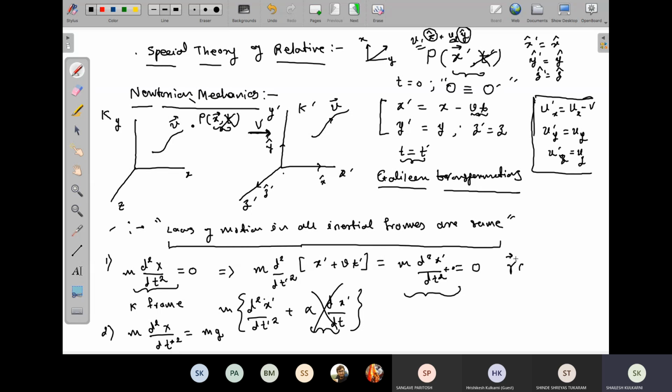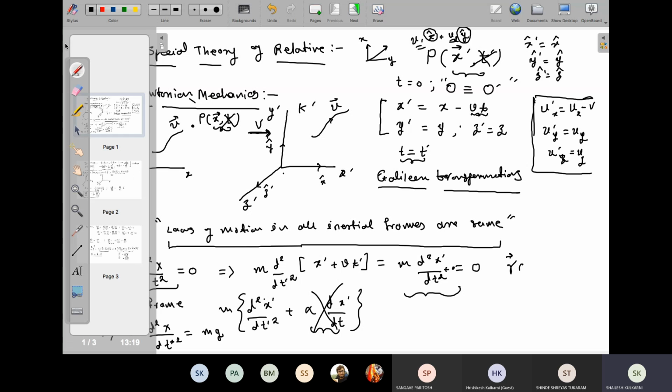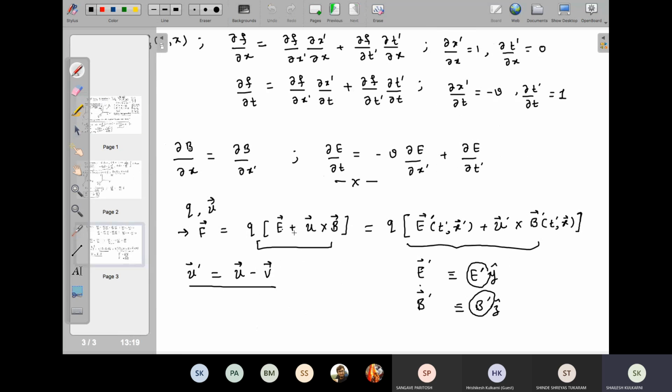Here it's not a constant vector; it is a function of t prime, x prime. So you have a vector in the t, x coordinates that you are calling E, and you have another vector which you are calling E prime in the t prime, x prime frame. These vectors are not going to change their direction.